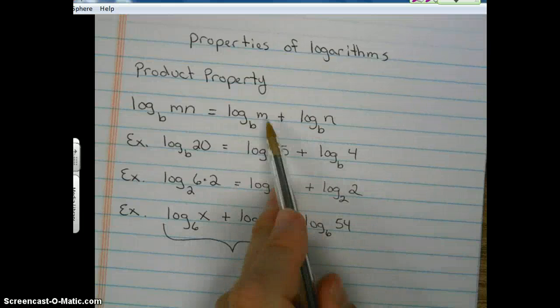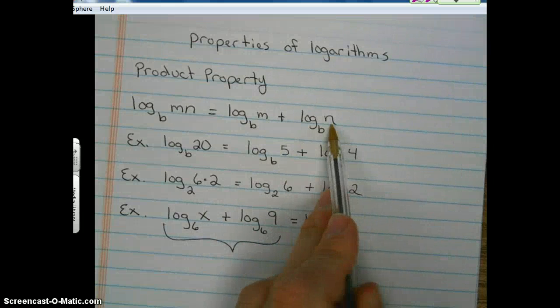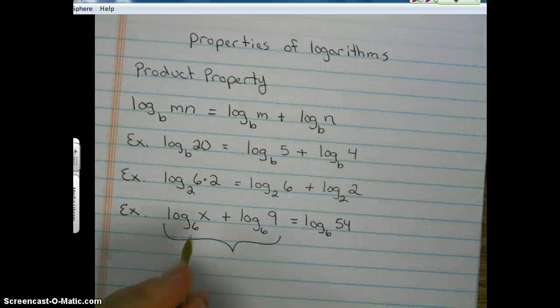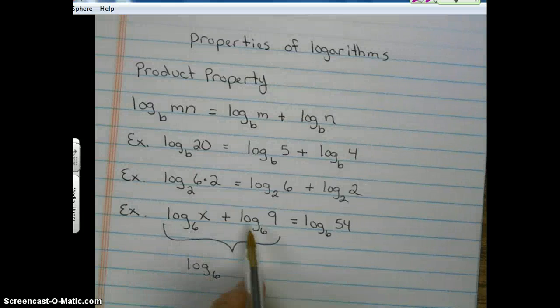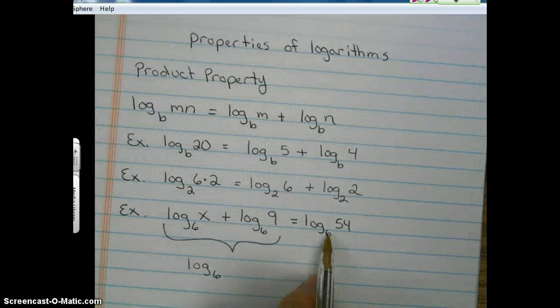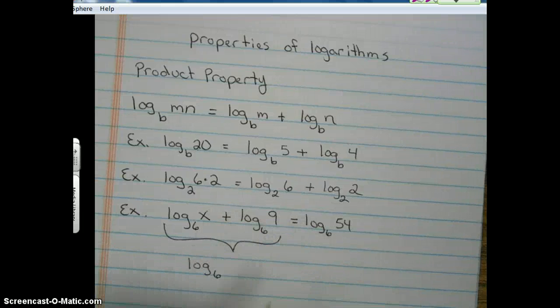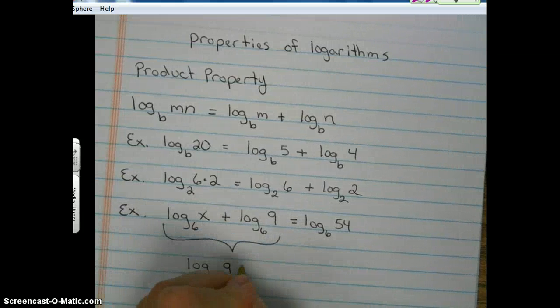So again, what do we do with m and n to go to one? We multiply them. So we're going to have log base 6, the bases have to be the same or this will not work, and multiplying x times 9, we get 9x.